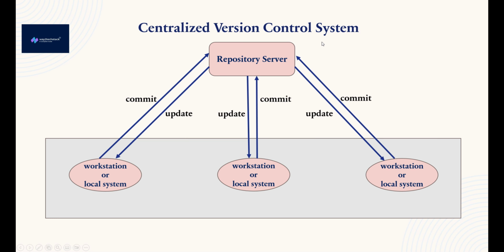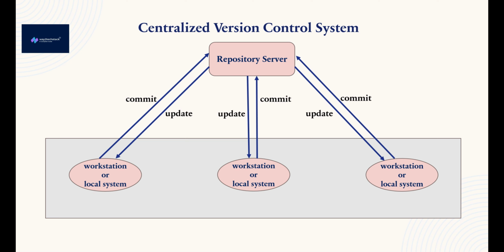But if I'm saying everything is complex, then why do we have to use this particular CVCS? If you have a requirement where, when developing software, you will write a lot of binary files, binary files are huge. They will occupy a huge amount of space on the disk. In those conditions, we have to go for CVCS.